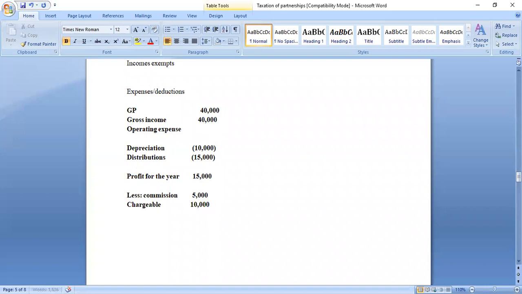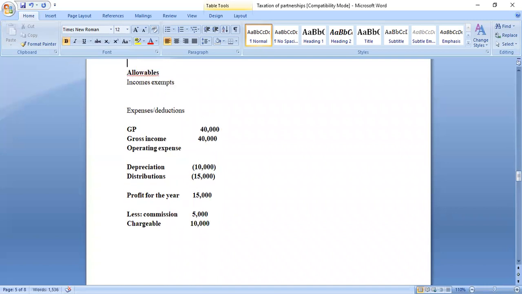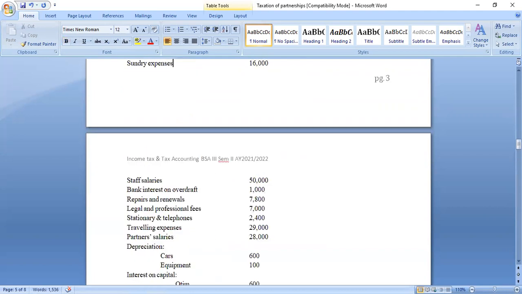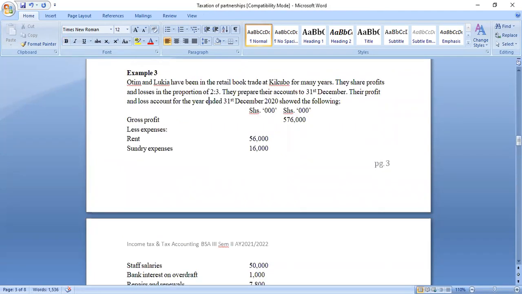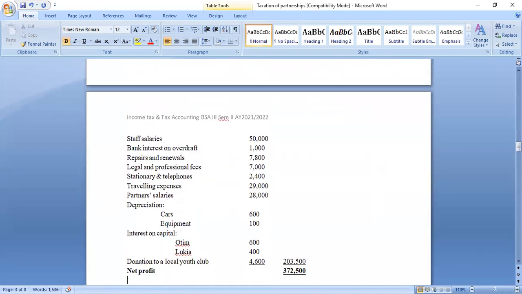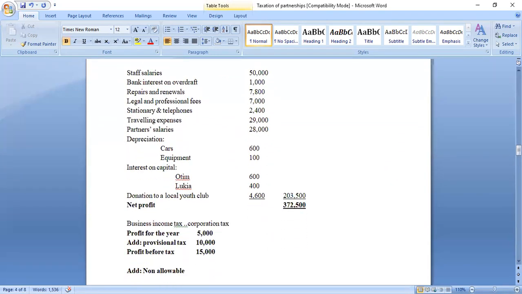So allow me to go back to what I was saying. So this is the question. They give you the income statement. Then they're saying, for purposes of business, we are going to close our eyes on the interest on capital and partner salaries. So if I skip those, don't wonder why I am skipping them.